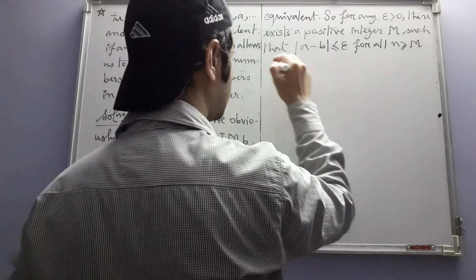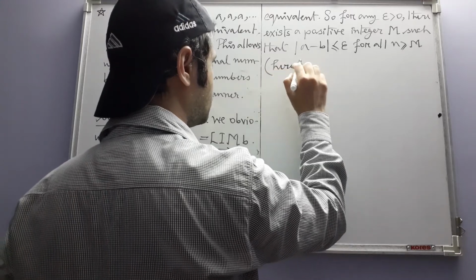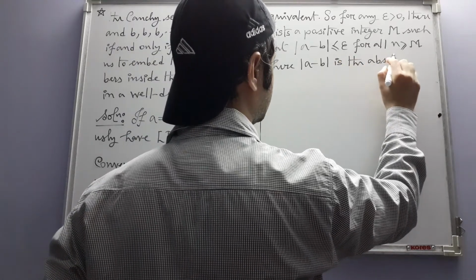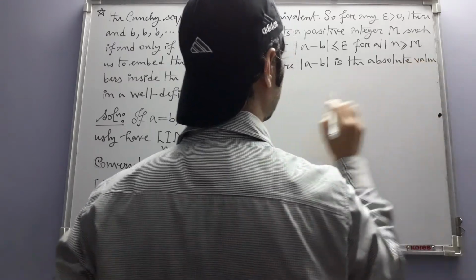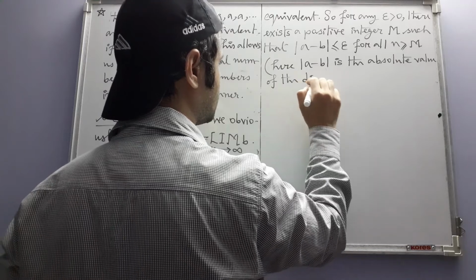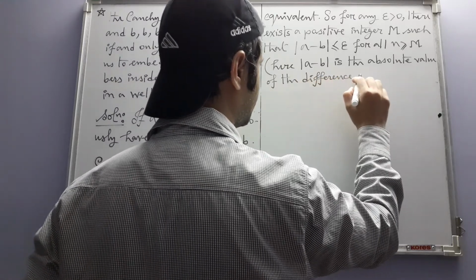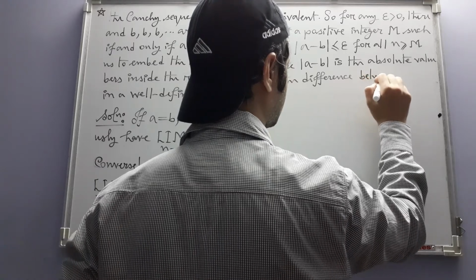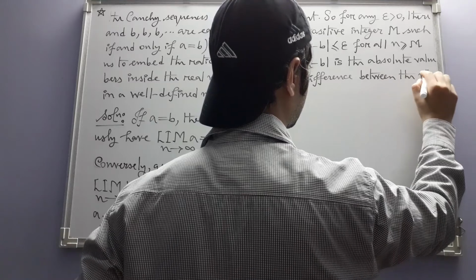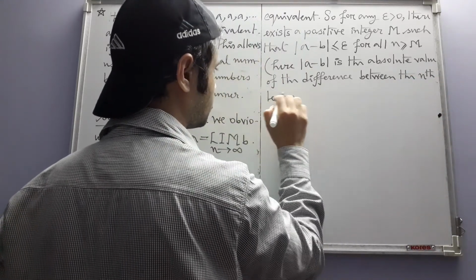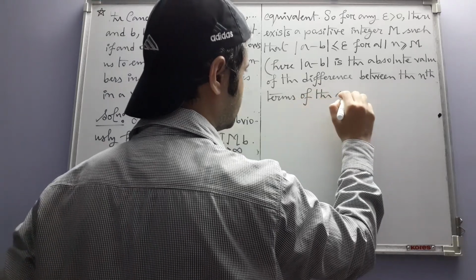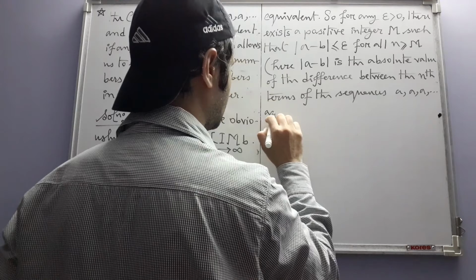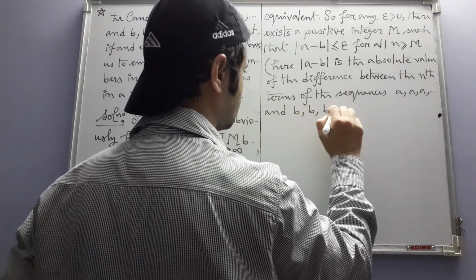It is considered as the absolute value of the difference between the nth terms of the sequences and this.